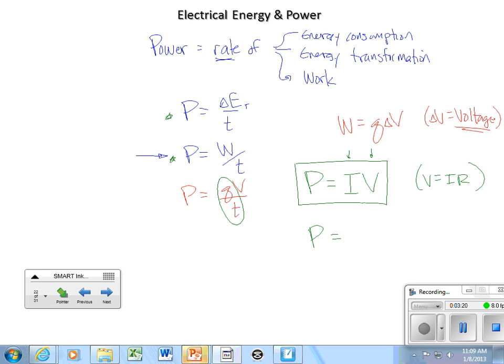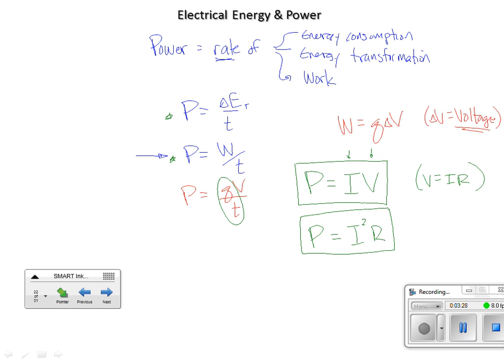I times R. Well, that's I squared R. So there's another expression for power. We could also say, well, I is V divided by R per Ohm's law. So we could do V divided by R times V. A third expression for power is V squared over R.